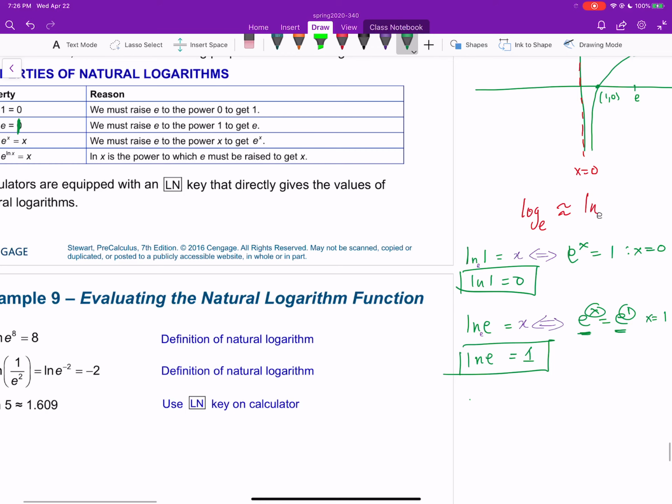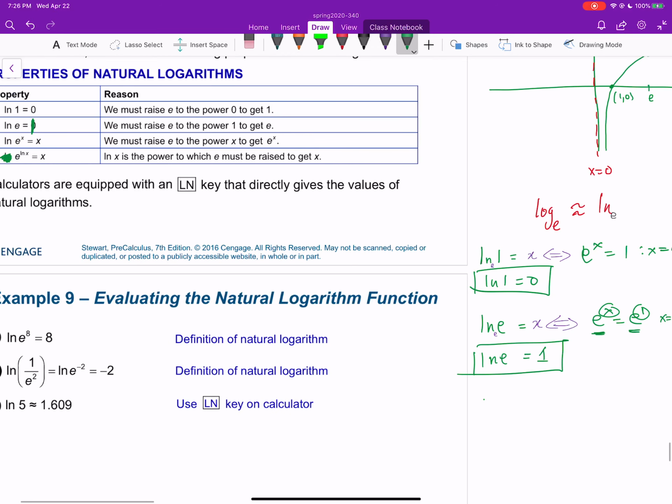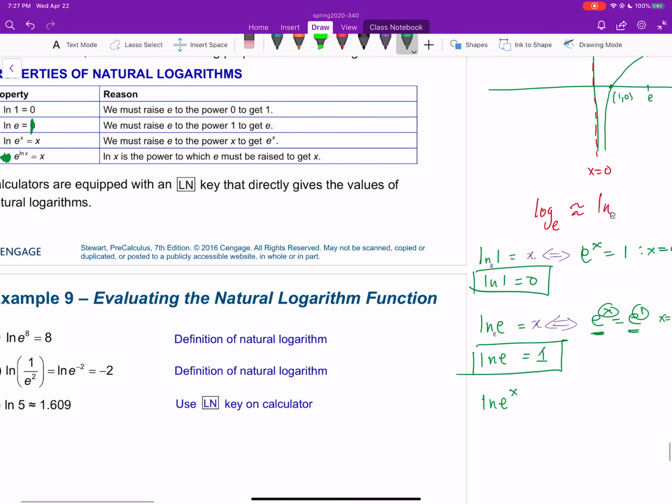We also have ln e to the x. What is that equal to? Again, we are asking ourselves, if the base is e, to what power should we raise e to give us e to the x? The answer is clear. It has to be x. Let's do the work. Since I'm already using x, I'm going to set this equal to y, and let's convert everything back to exponential.